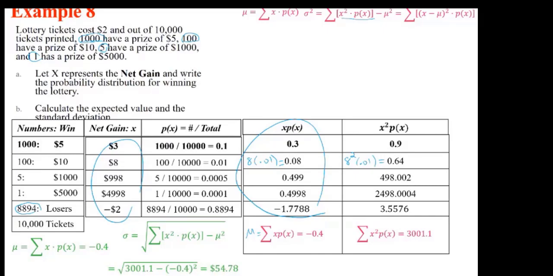What does it mean? That's really important, the interpretation. Pay attention to mu. Mu is negative, and it is supposed to be negative for the players and positive for the house. So that would be the net gain on average per player for the house, positive, and for us, negative. So the interpretation is, on average, all players lose an average of 40 cents, or $0.4, per ticket with a standard deviation of 54.78.